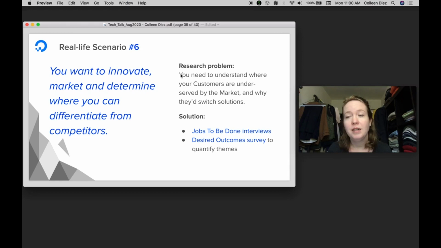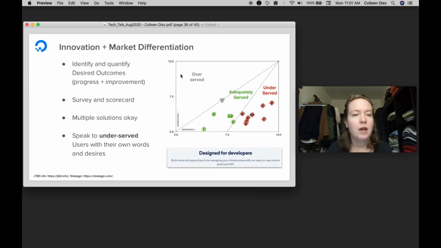So the answer here really is jobs to be done interviews, which we talked about earlier, as well as running a desired outcome survey to quantify the different themes. So we'll talk a little bit more about that. This is really a great way of figuring out where your customers are underserved by your competitors.